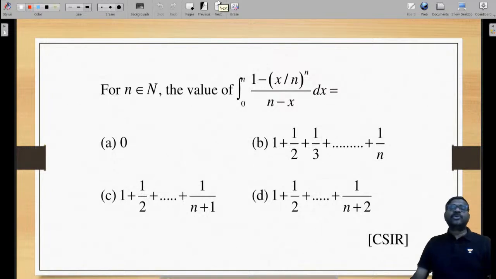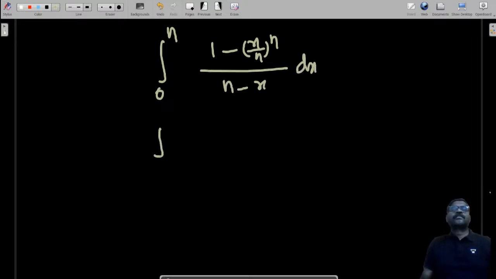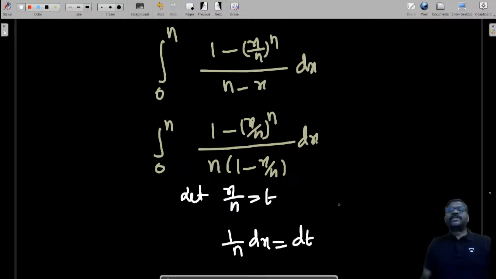Evaluate the integral from 0 to n of (1 - x/n)ⁿ / (n - x) dx. Let us take x/n = t, so (1/n) dx is dt.